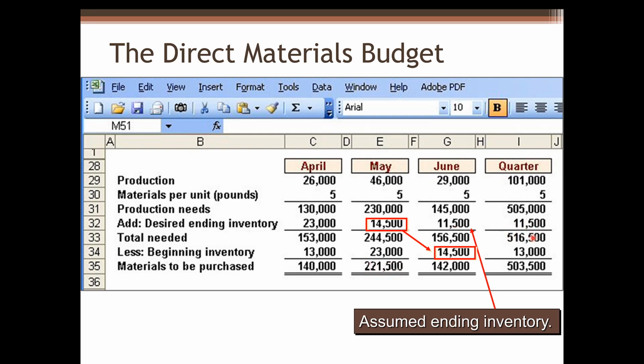Then we get the total needed, 516,500, minus beginning inventory. Beginning inventory of the quarter is the beginning inventory in April. So we put 13,000 here, and materials to be purchased for this quarter are 503,500. Of course, if you add up the materials to be purchased for the three months, you get the same number.